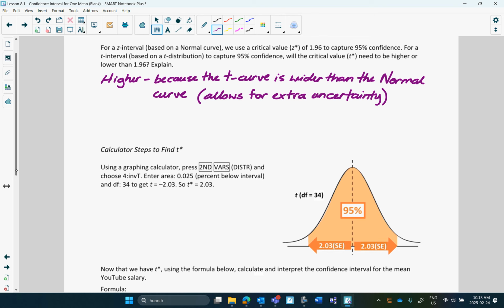So for 95% confidence, okay, remember, if it's 95% confidence, we're trying to find either this value or this value. Because these are going to be the same, right? This is just going to be negative, this is going to be positive. But they're both going to be the same values. Remember, this is 95% here, this is 2.5%, and this is 2.5%.